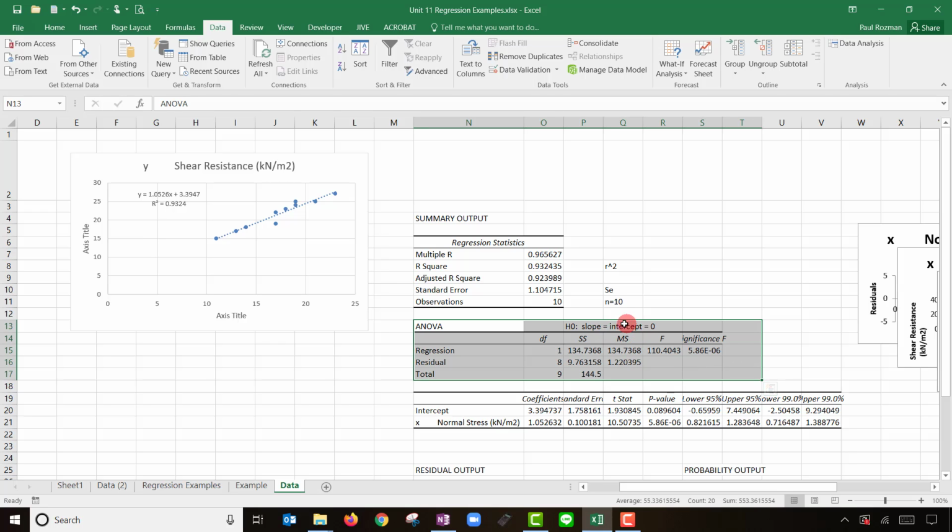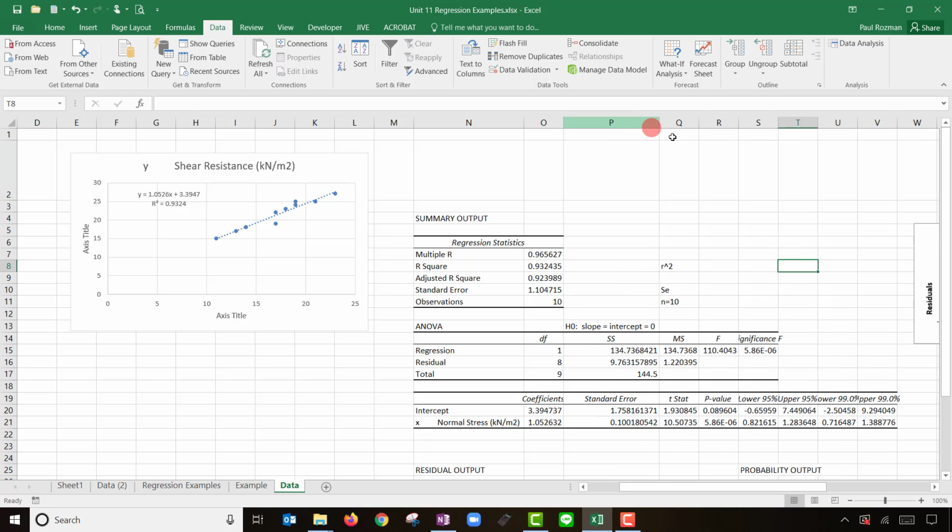I only really care about the intercept being 0. And that's what you'll see down below in the next part of the output. The first row is information about the intercept. So our A. So in our case, our A is A equals 3.39.